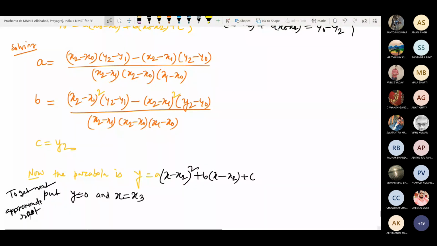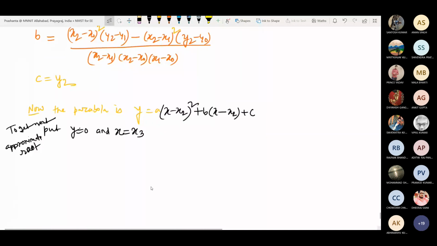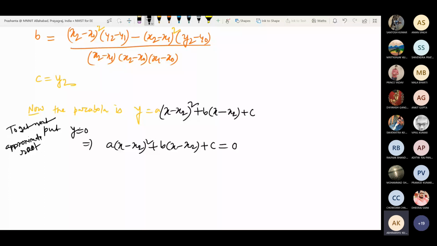So that will give you a into x minus x2, for the time being you do not put x equals x3, keep it like that, and in the next line I will put x equals x3. So that will give you a into x minus x2 whole square plus b into x minus x2 plus c equals 0. From there you solve for x.